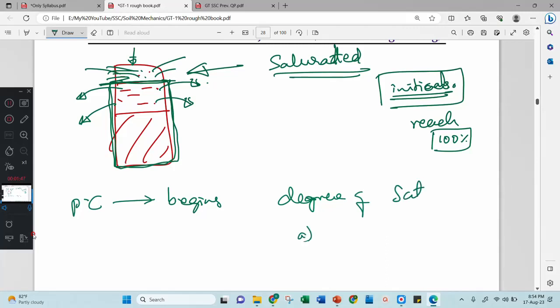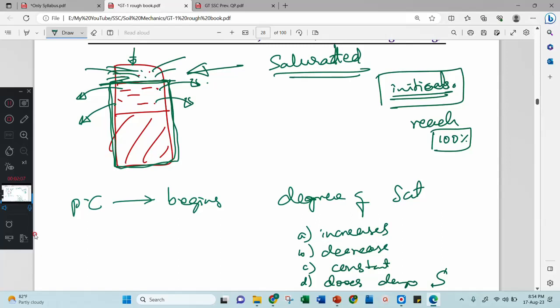degree of saturation will be: option A, increases; option B, decreases; option C, remains constant; option D, doesn't depend on degree of saturation. Which option?